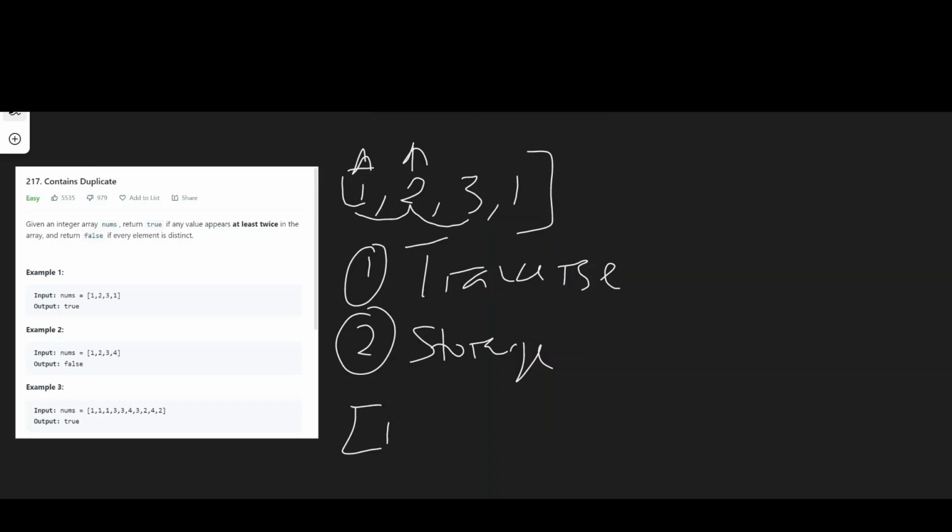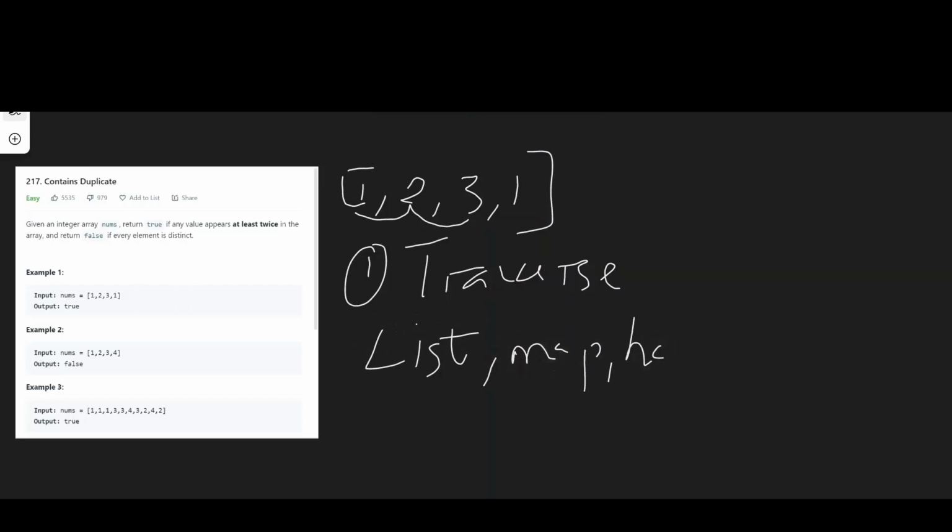Now the question is, how do we go about storage? Because I assume that traversing might be easy, but how do we store the numbers? There are different ways of storing anything in programming. There are data structures: we can store with lists, maps, hash tables, queues, stacks.